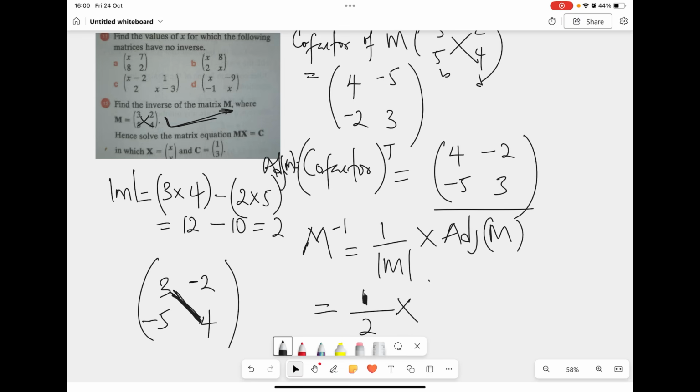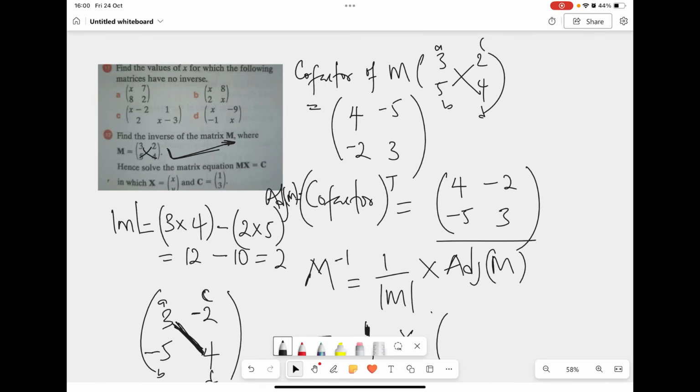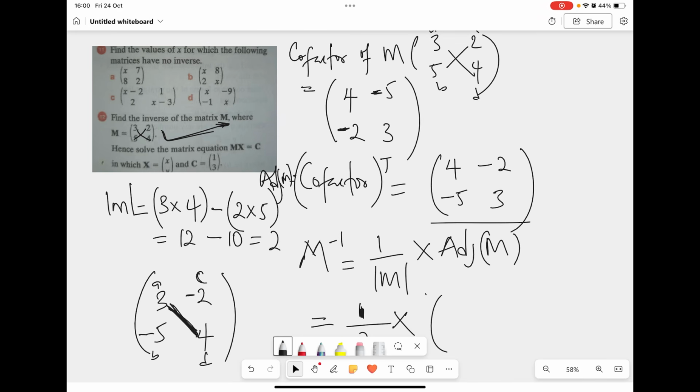You exchange A and D, then you put negative signs for B and C. That's how you get the adjoint without stress. But we're giving you all this long process: your cofactor is basically exchanging diagonals and putting signs, and then the transpose of the cofactor returns you back to this.